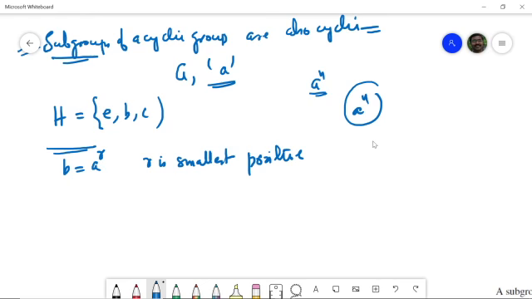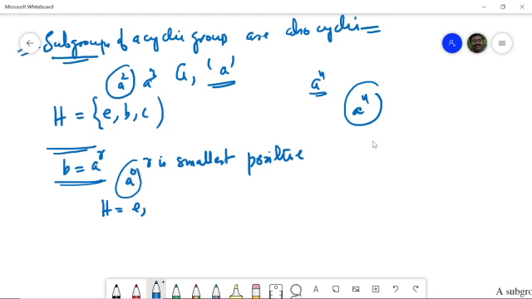Suppose A raised to 2 is there, A raised to 3 is there. I will be taking this A square. So I am taking B with the property that it can be written as A raised to R, where R is the smallest positive integer from that set. Suppose H contains E. Of course, E can be written as A raised to 0, but that is not a positive integer.